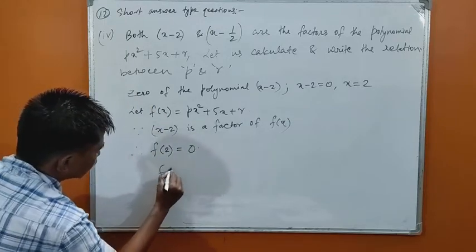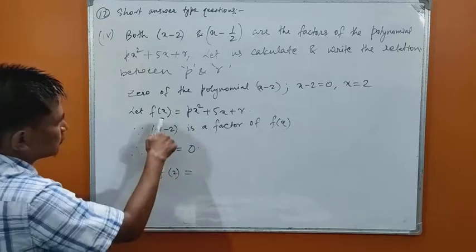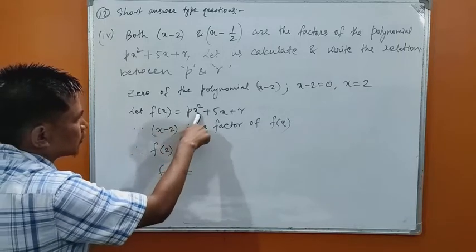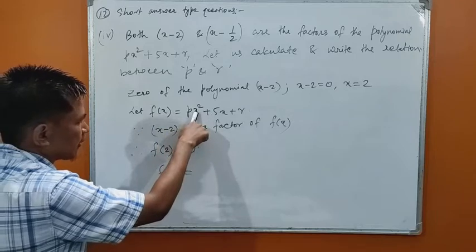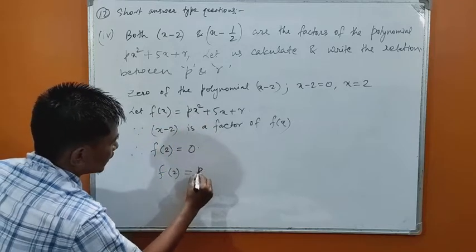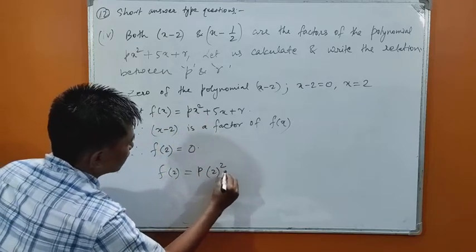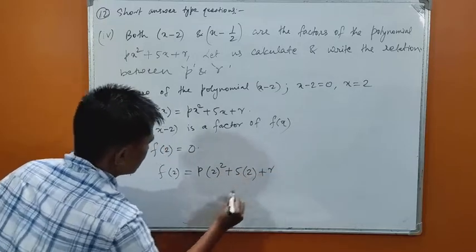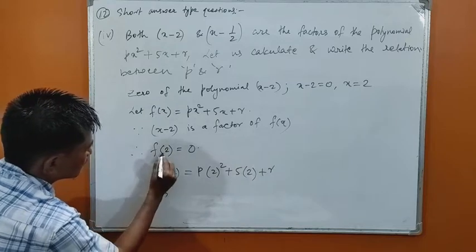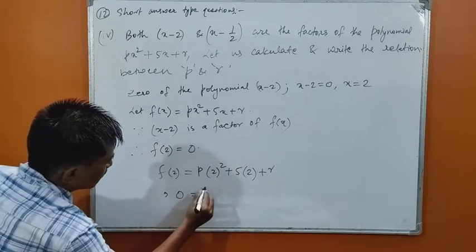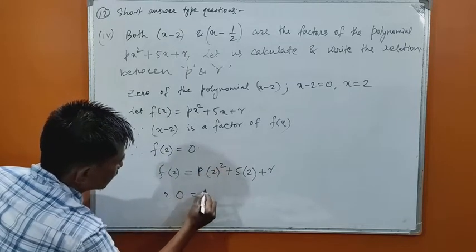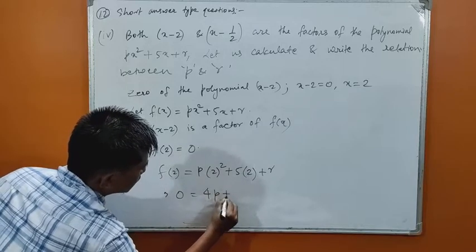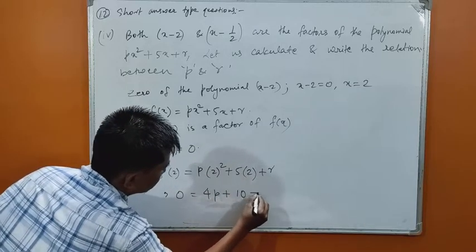Now f(2) will be equal to, instead of x we write 2: p into 2 square plus 5 into 2 plus r, and f(2) is 0, isn't it? 2 square is 4, 4 into p is 4p, plus 5 into 2 is 10, plus r.